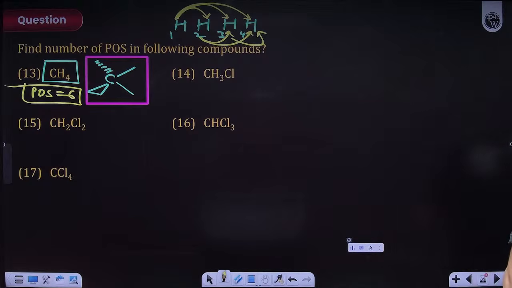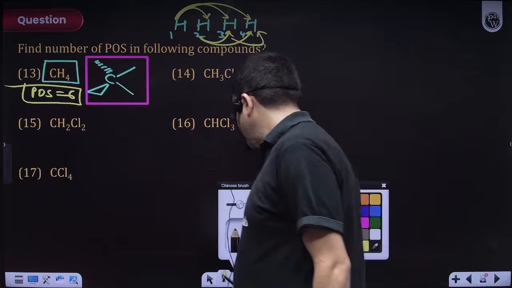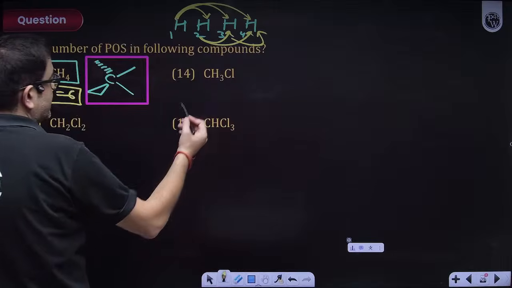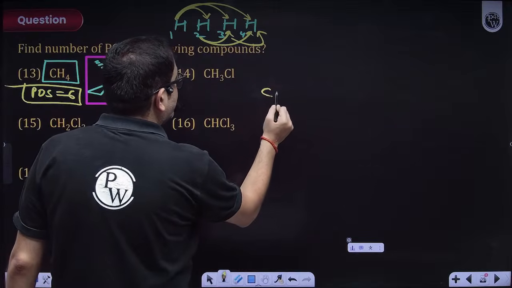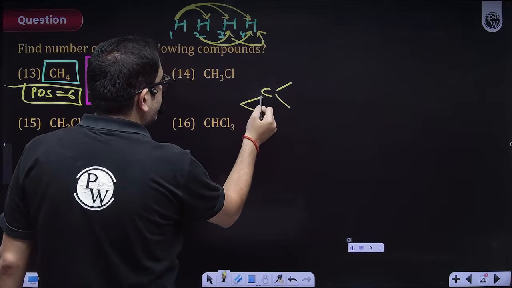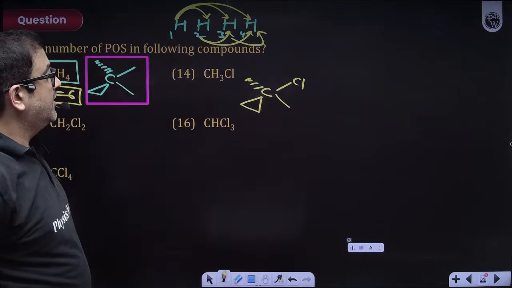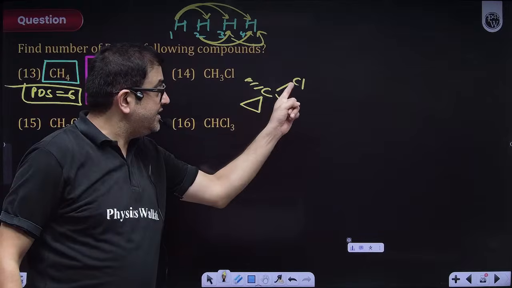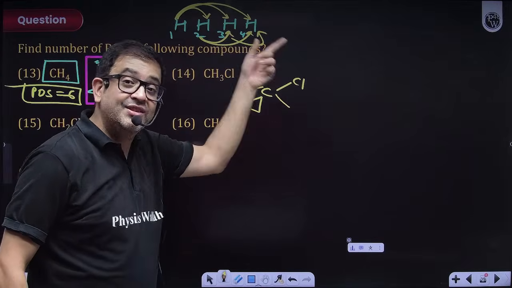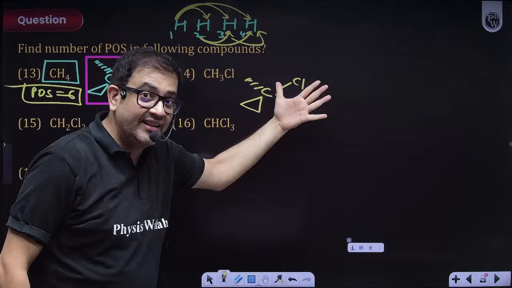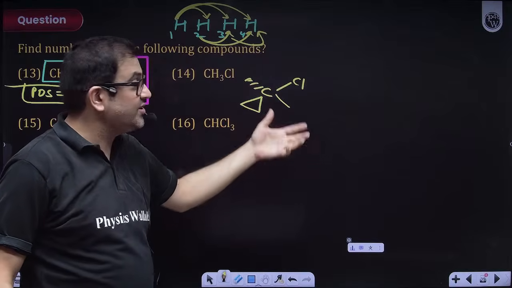The 14th one. How many planes of symmetry? Since I have two bonds in the plane, one upside and one downside, Cl has to be put in the plane. You can choose among the H, but Cl must be in it, because if you cut along a plane that does not contain Cl, you would have HH, and Cl is a different species.